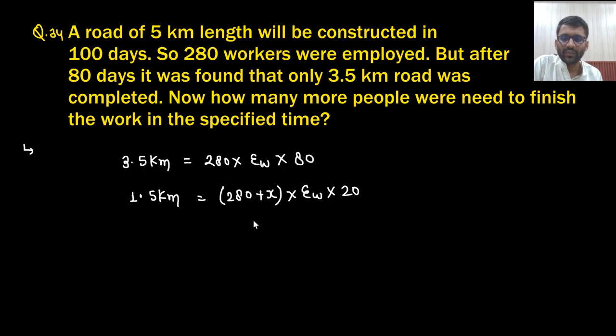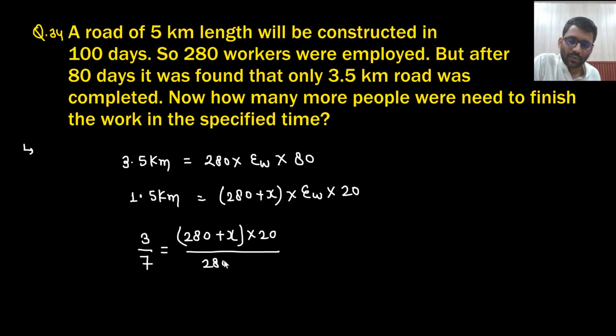Okay, so we can divide both of the equations, right? So what will we get? 15 by 35, 3 by 7, because this will be cancelled by 5. So 5 6s are 30, 5 7s are 35. Then 280 plus X, efficiency will get cancelled, into 20 divided by 280 into 80.